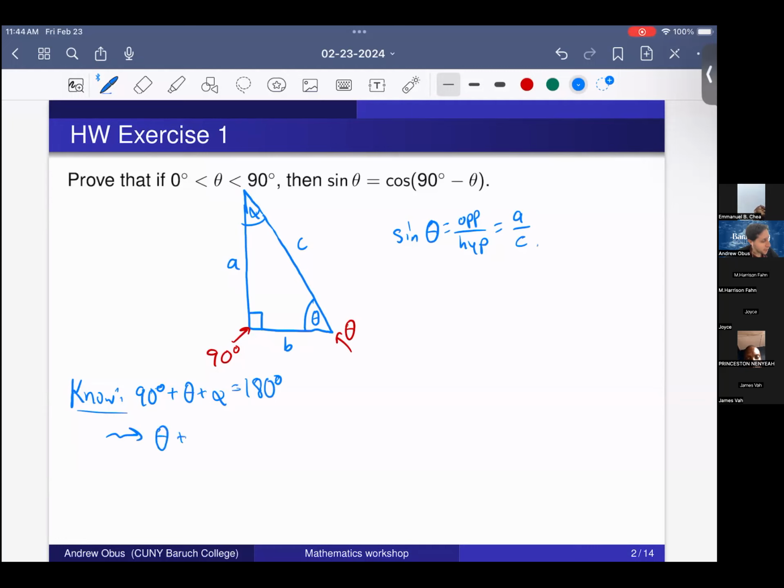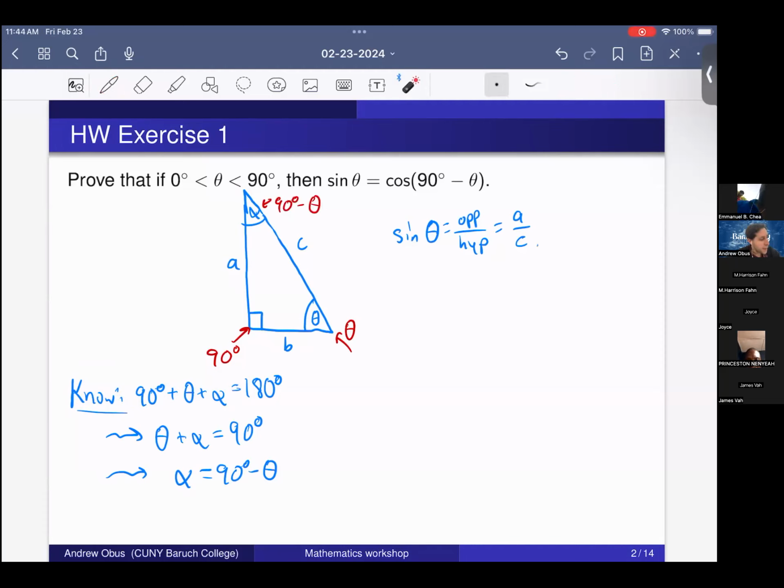So theta plus alpha is equal to 90 degrees by subtracting off the 90 from each side. And subtracting off theta from each side, alpha is equal to 90 degrees minus theta. So this alpha here is actually 90 degrees minus theta.